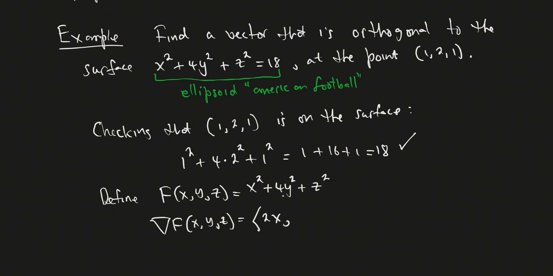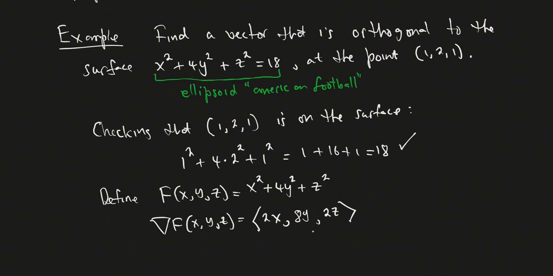The middle component is the partial with respect to y, and again, only the middle term here has a y, so the other two terms differentiate to 0. The middle term, we're left with 8y, and then similarly, first two terms here, when I differentiate with respect to z, I'll get 0. When I differentiate z squared with respect to z, I'll get 2z.